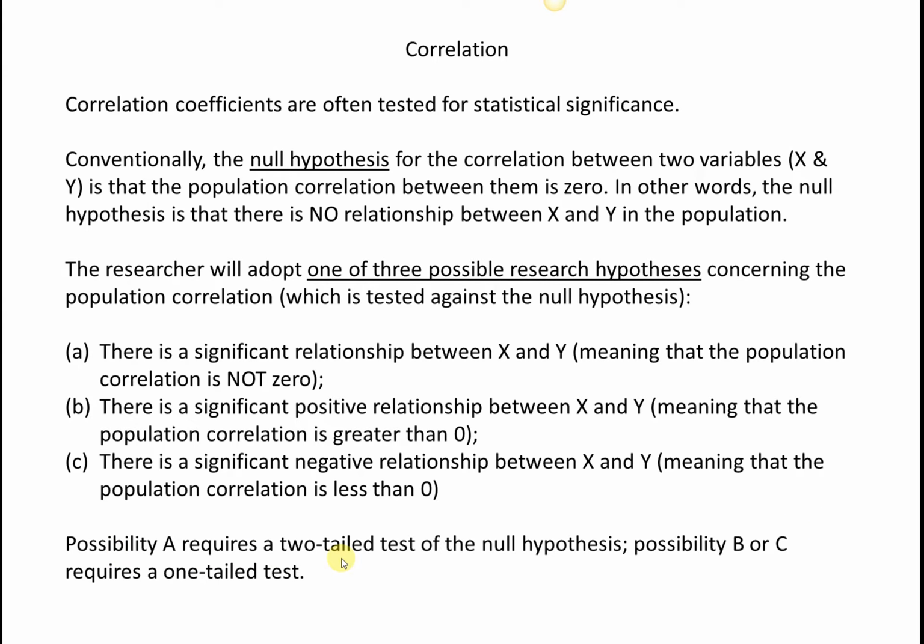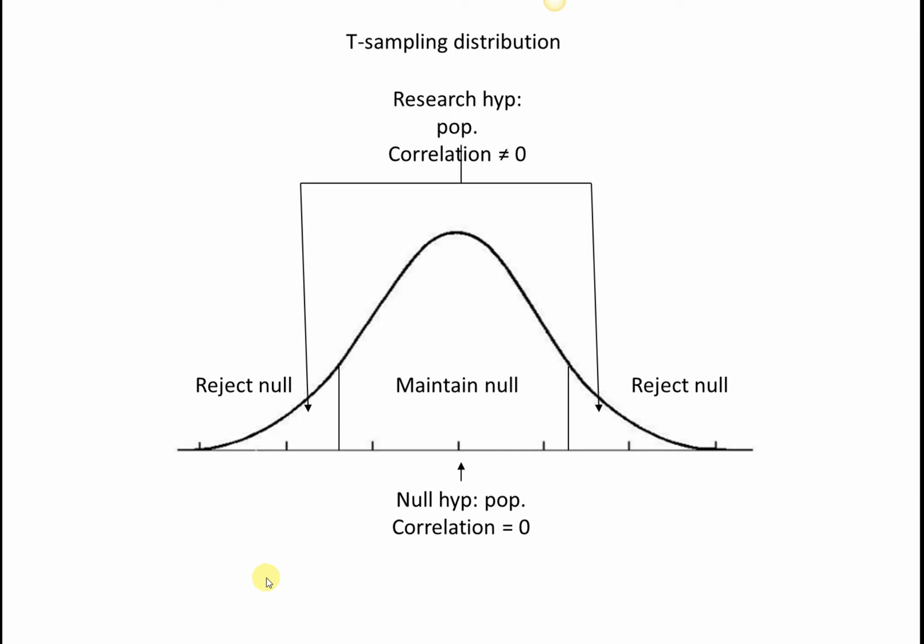Possibility A requires what's called a two-tailed significance test of the null hypothesis. Possibility B or C requires a one-tailed test. So this is an example of what we're talking about. Basically the null hypothesis is always going to be that the population correlation between your two variables is equal to 0.